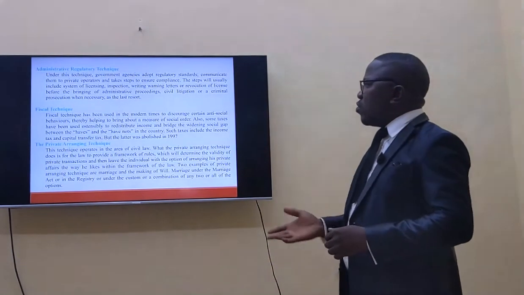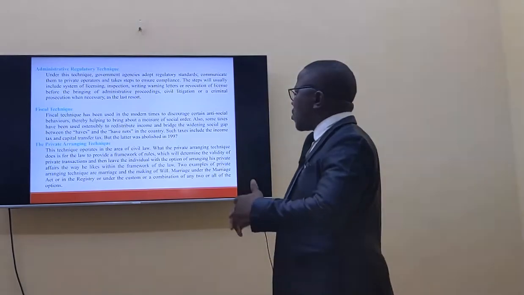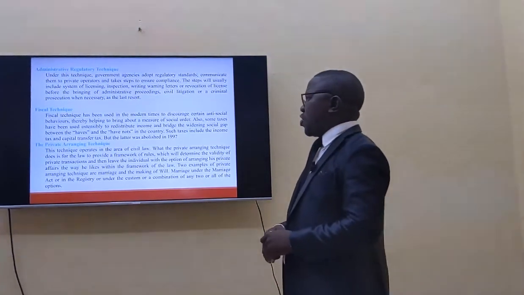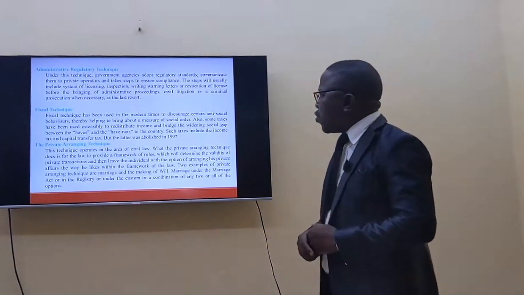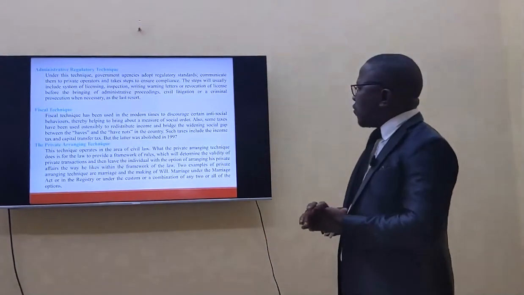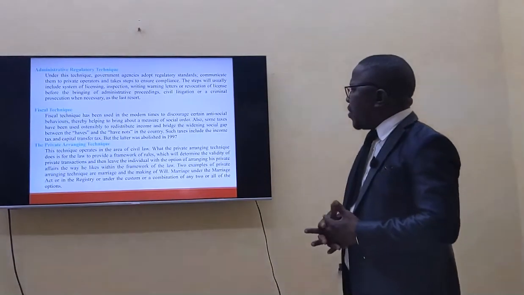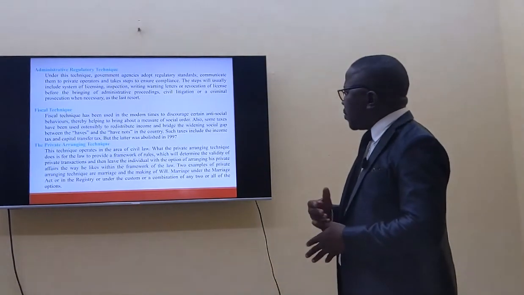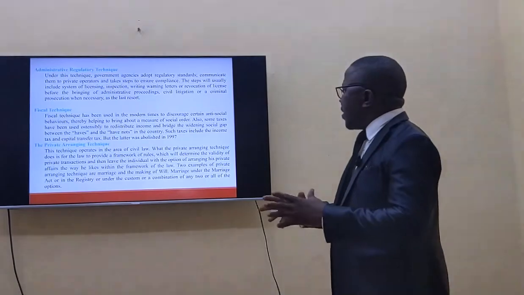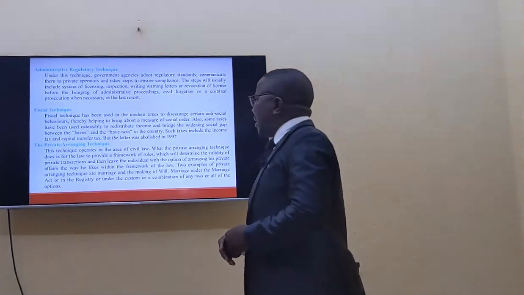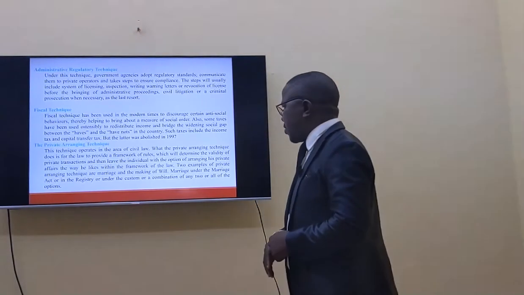We have the fiscal technique. The fiscal technique has been used in modern times to discourage certain antisocial behaviors, thereby helping to bring about a measure of social order. Also, some taxes have been used ostensibly to redistribute income and bridge the widening social gap between the haves and the have-nots in the country.